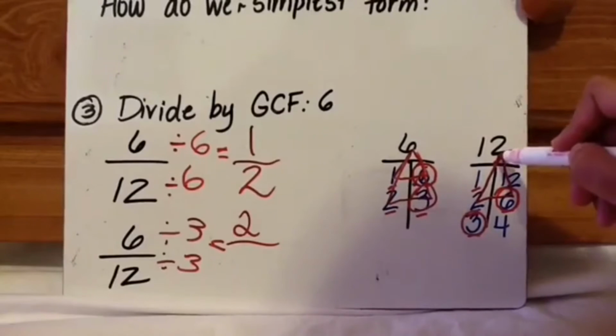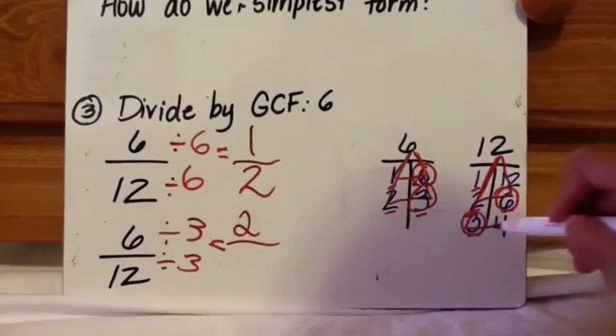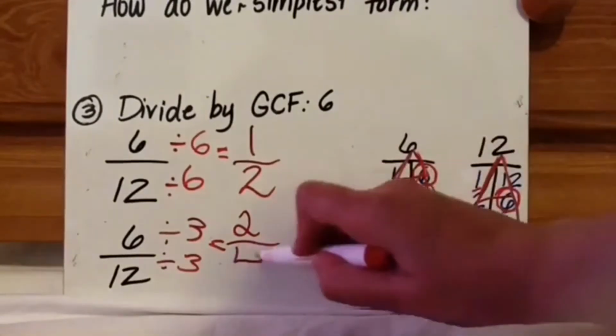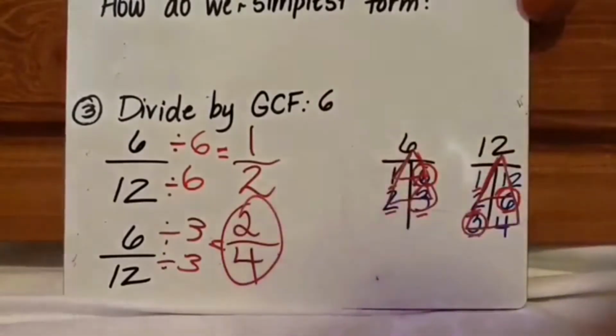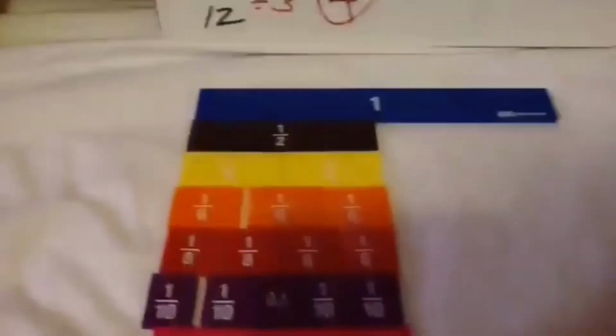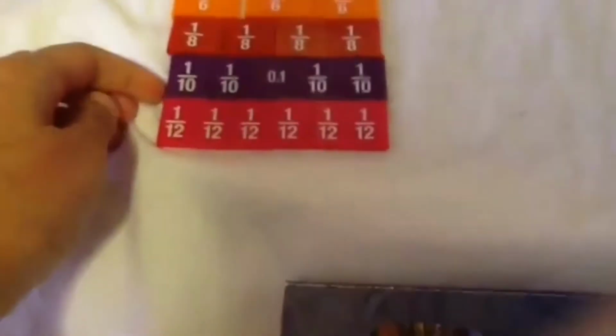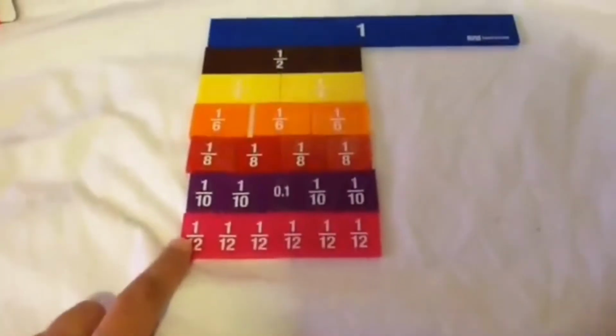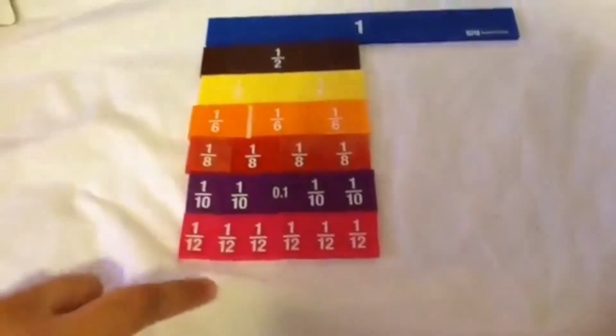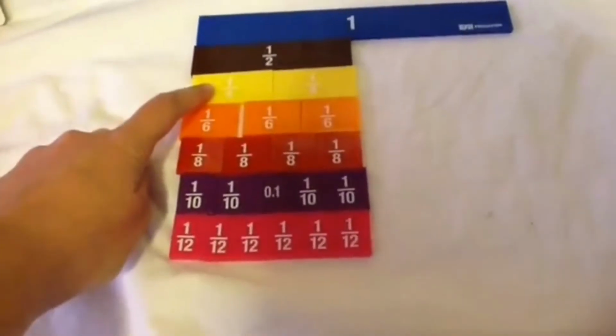Now look at this one. This one's going backwards. 12 divided by 3 is 4. So 2/4 if you don't pick the greatest common factor. And as you can see here, here's 6/12 right here. And if you notice, 2/4 is equivalent to it. But is it the simplest form?